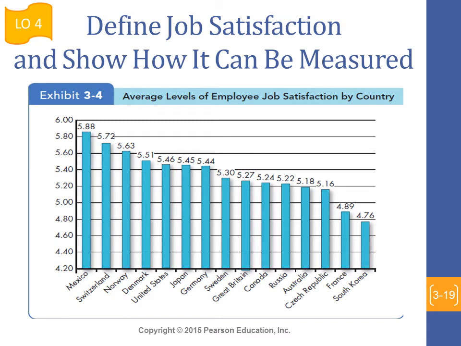Hence, they're less happy about whatever they have, so they're less content. Whereas Mexico, relatively among the big economies, has less connectivity and people are less connected, so they're better content with whatever they have.